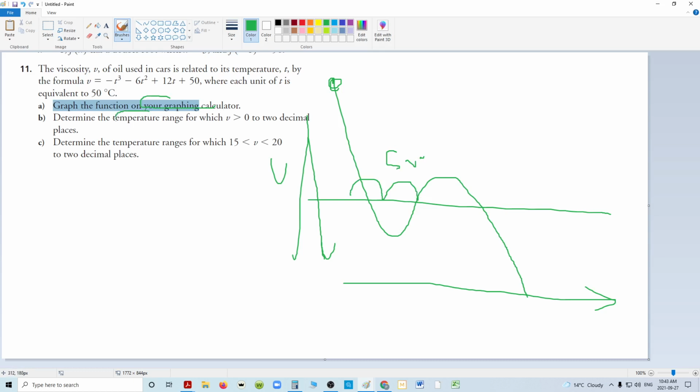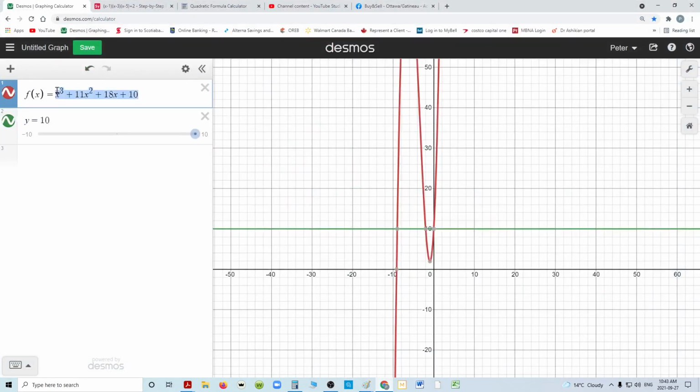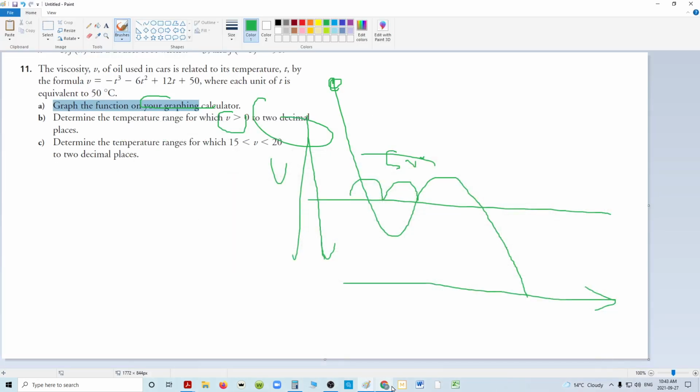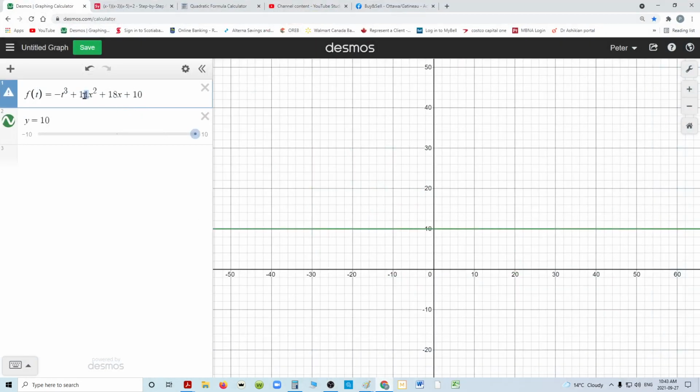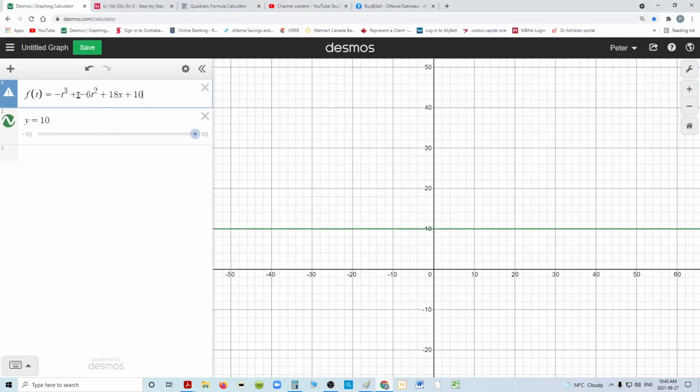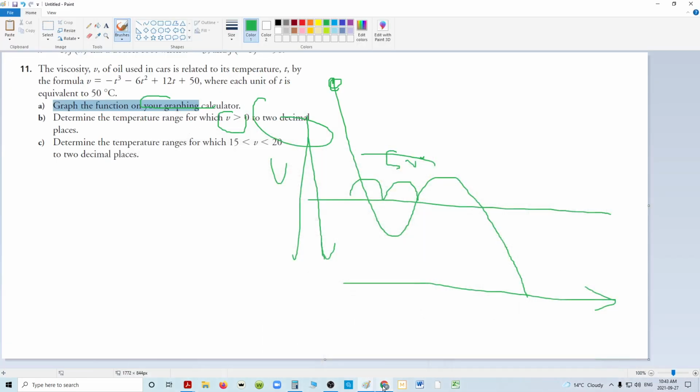Graph this in the graphing calculator to determine the temperature range for which the viscosity is above 0, to 2 decimal places. The reason I want you to graph it is it can't be factored. So we'll do f of t is equal to minus t cubed, minus 6t squared, plus 12t, plus 50.